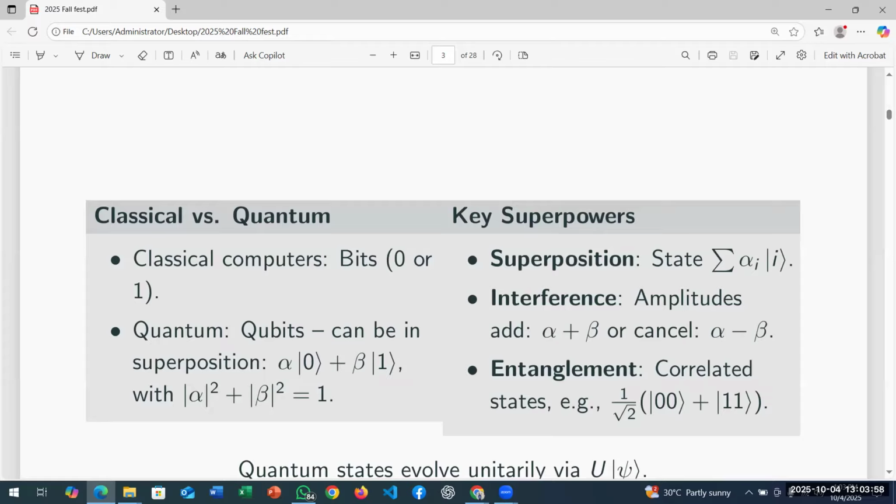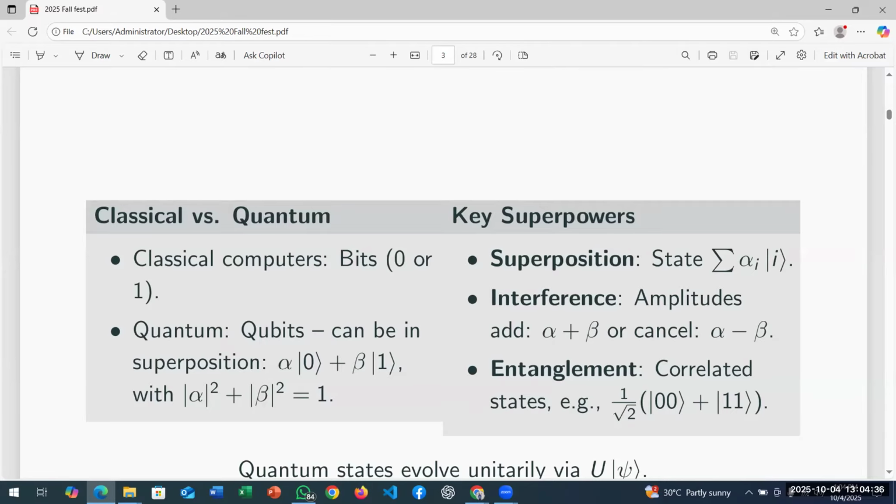But in quantum, we can combine these two bits simultaneously in such a way that the sum of the squares of their amplitudes gives us 1. This is what linear algebra says: a linear combination of the bits 0 and 1, which is not possible in a classical system.